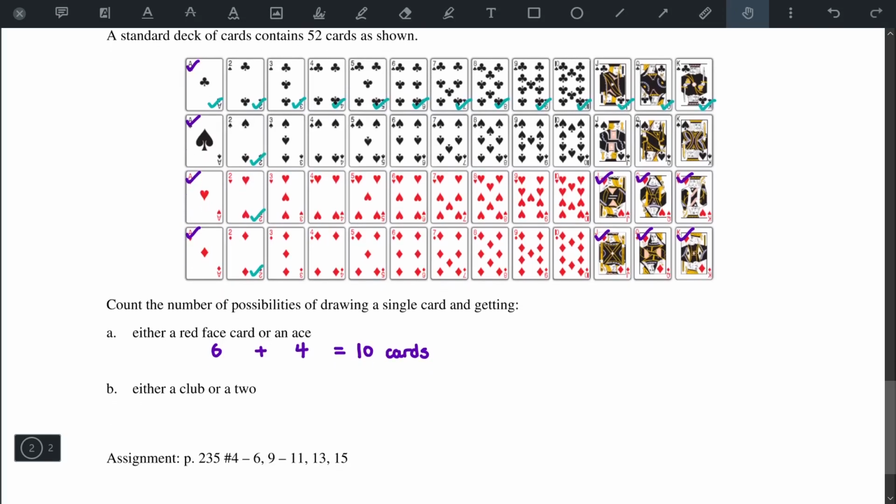So we have here just 13 plus 3 for a total of 16 cards. So again, for these two questions here, because of the way that they're phrased, we're not multiplying the numbers together, we're just simply adding them. Okay.